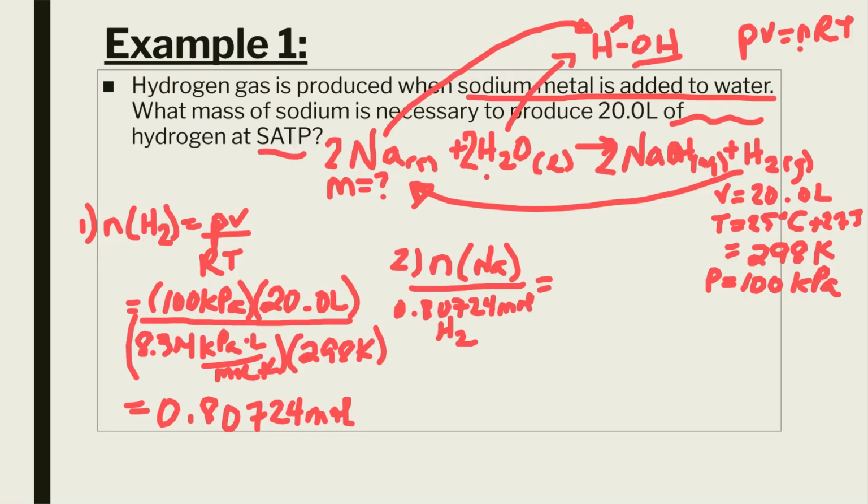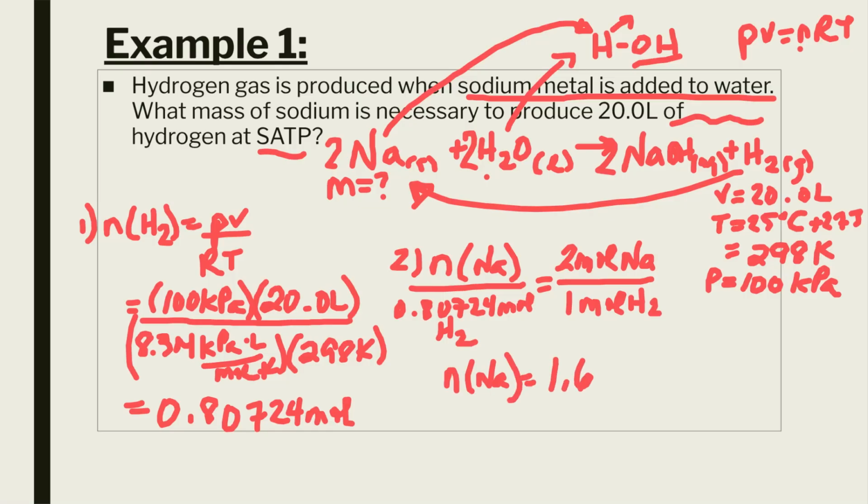So remember, if sodium's in the numerator, you need the constant coefficient for sodium in the numerator as well. And then we divide by the coefficient of hydrogen. Cross multiply, and your moles of sodium should equal 1.6145 mole.